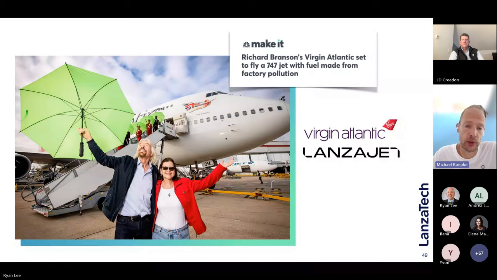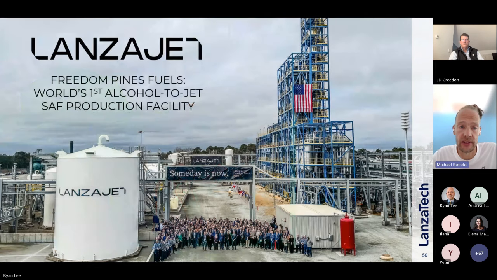Before that, we've already had transatlantic, transpacific flights with Virgin Atlantic or ANA, and got through the whole ASTM certification. And we're really excited that LanzaJet now has opened up the world first alcohol to jet SAF facility down in Georgia, in the south of the US.